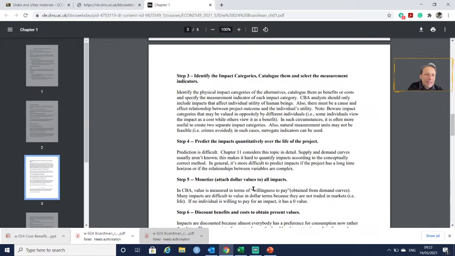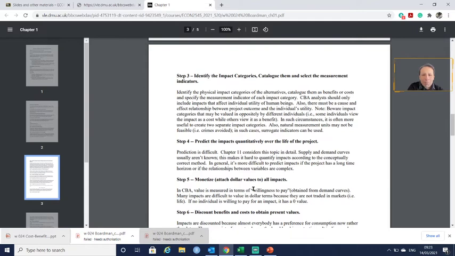The problem is that they change during the span of the project, and they are usually not known. So that makes it very difficult to quantify the impacts of a certain project or intervention, and to conceptually choose the correct method to predict what the impact is going to be quantitatively.